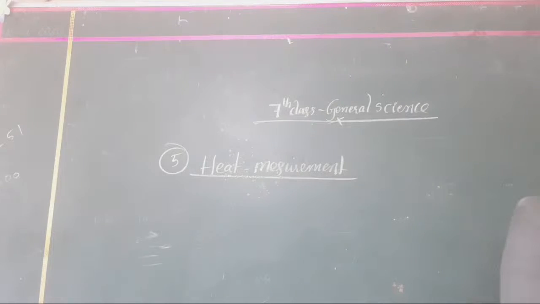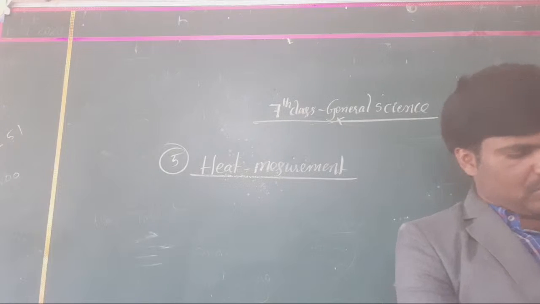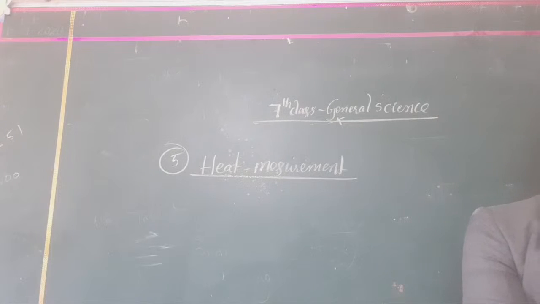Now the last component in this heat and measurement topic is the digital thermometer. Clear or not, all of you? What is the digital thermometer, and how to use it?